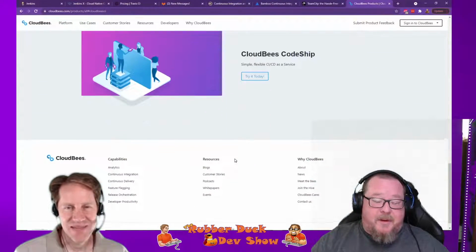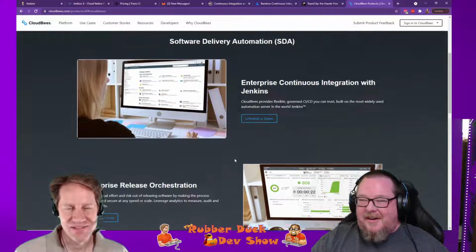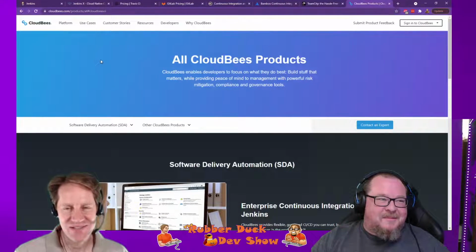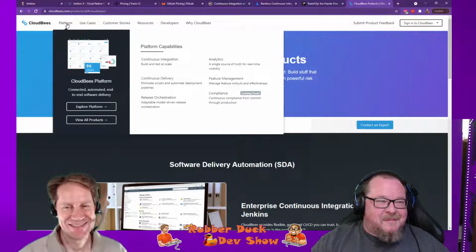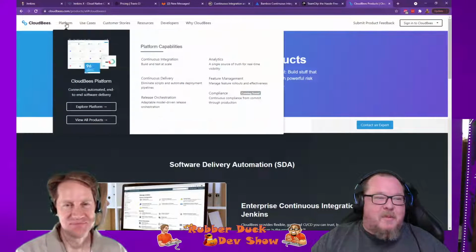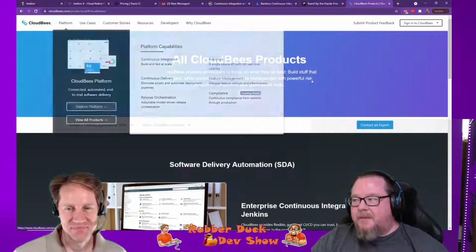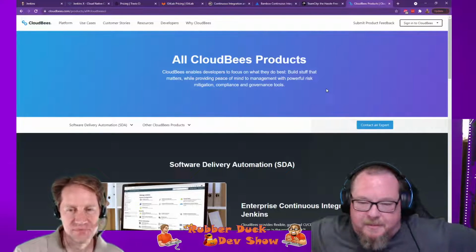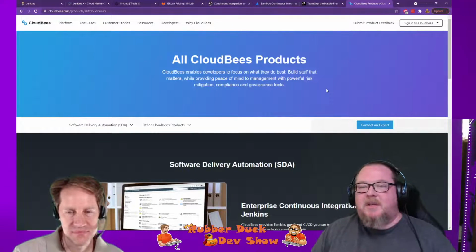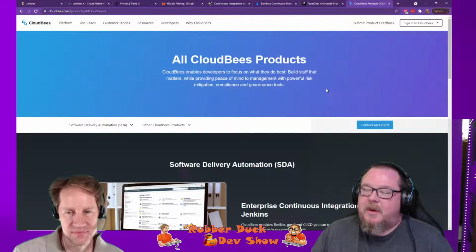I keep seeing the word enterprise, which translates to dollar signs. I can't remember where I found their pricing; I had to dig around for quite a while. There is a free tier here, but their non-free tiers seemed to be more expensive.